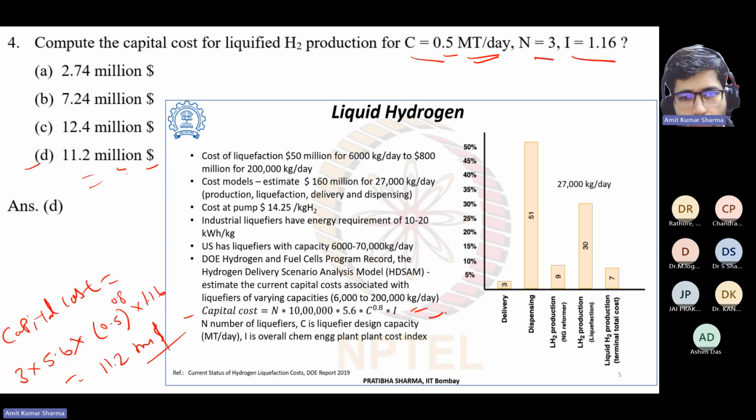Actually this formula is from the DOE. They have done some research and published the data and report. Based on that, we have a formula. This formula is based on varying capacity 6,000 to 2 lakh kg per day.